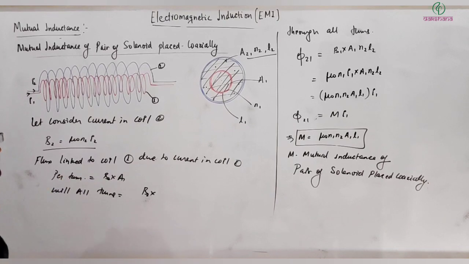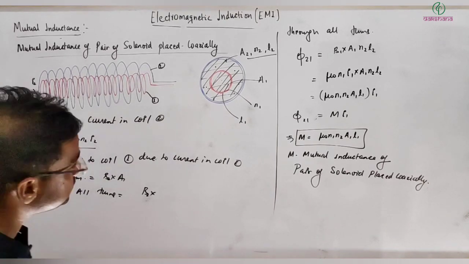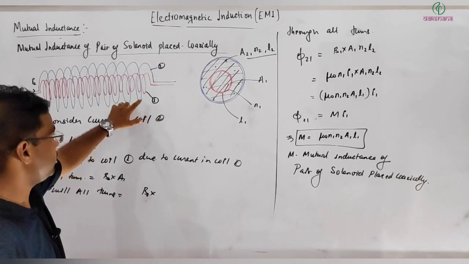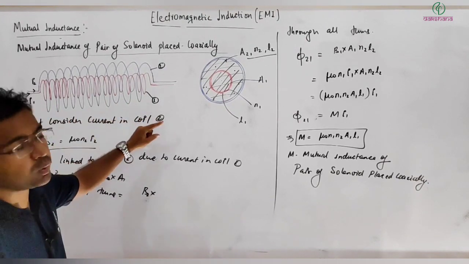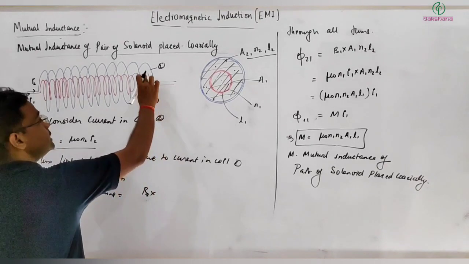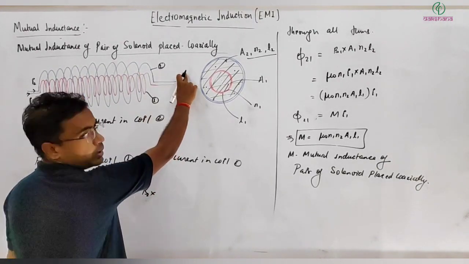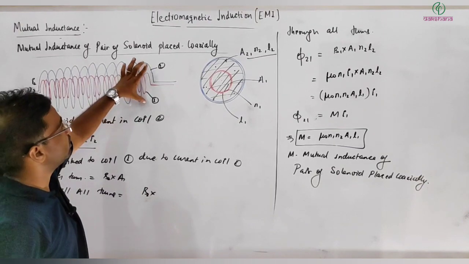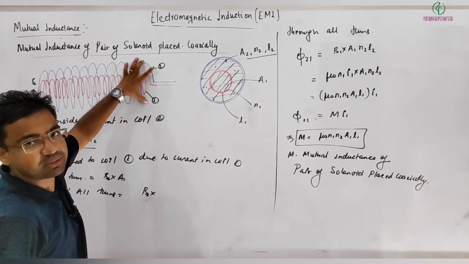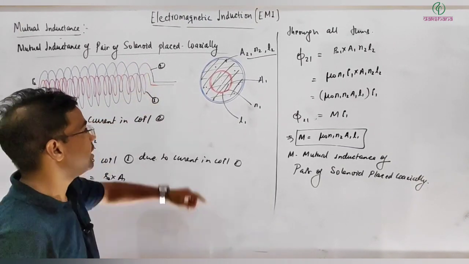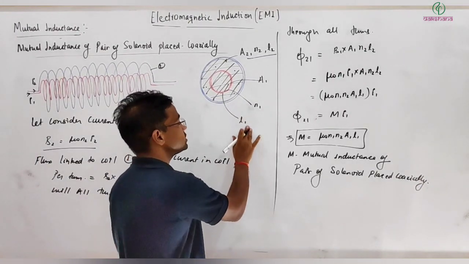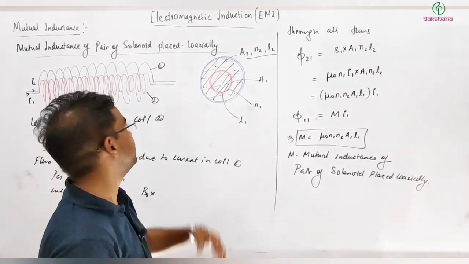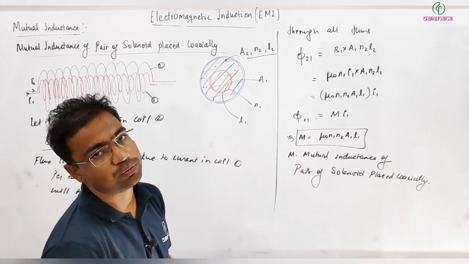Just one second here. Either I need to take total length equal, or if let's say this is having L1 length, then linked flux will be only this much length, the common length. So here I need to take either lengths both the same, or if not the same, then the common length will be the only length through which flux is linked.